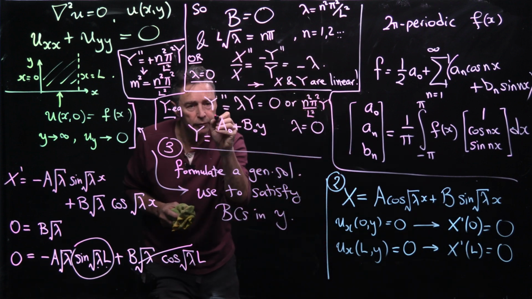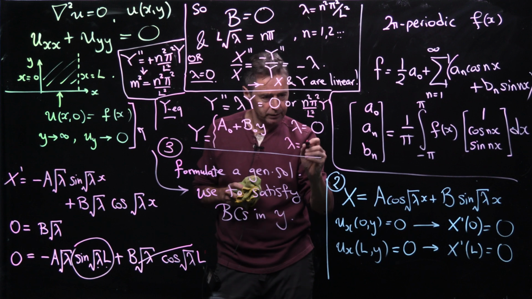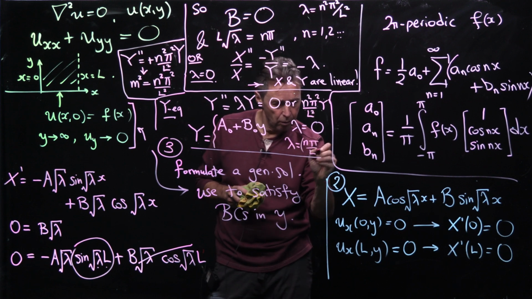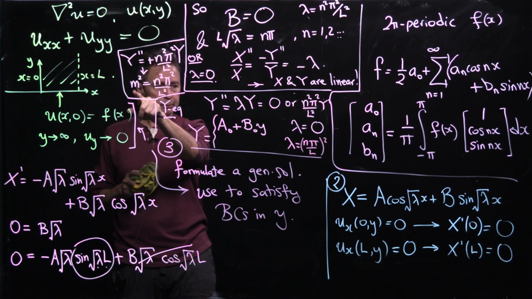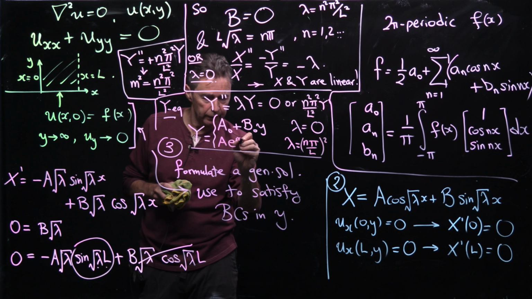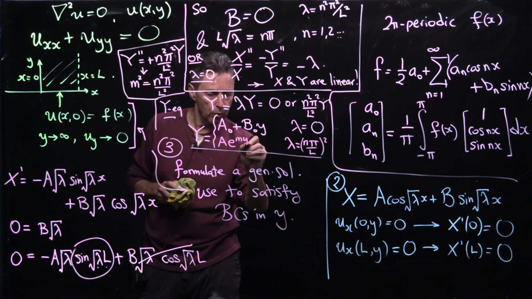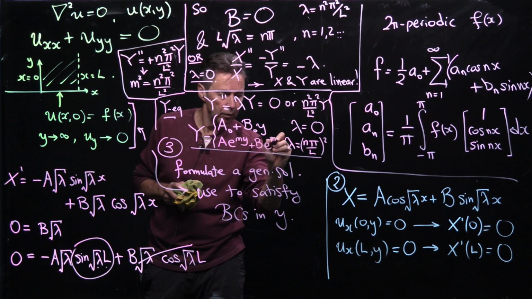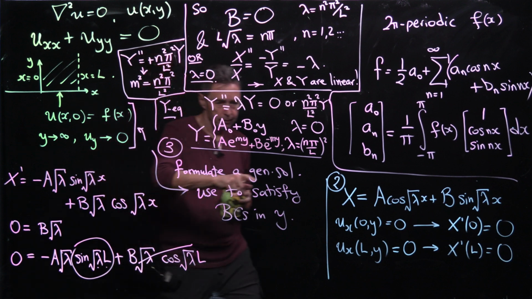Okay, so we've got the solution with lambda equal to 0, and then the solution here is going to be an exponential. It's going to be an exponential, let's call it a e to the m y, and b e to the minus m y, where that's m. Right?